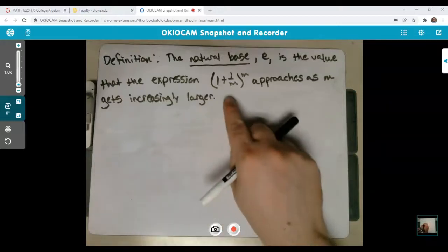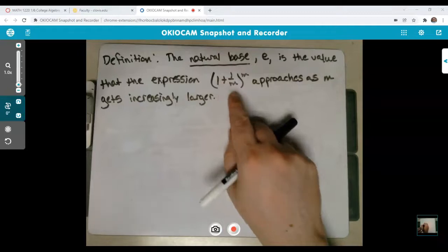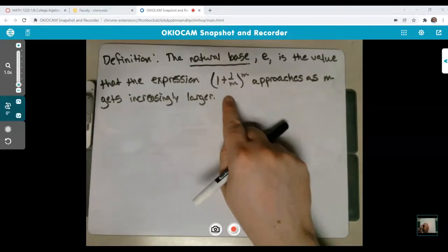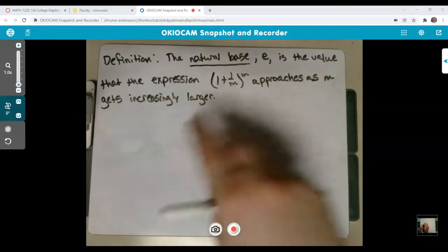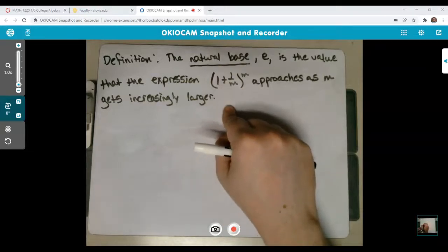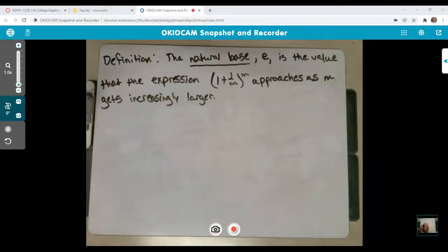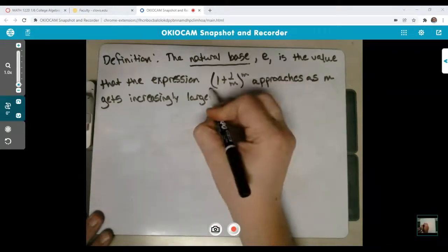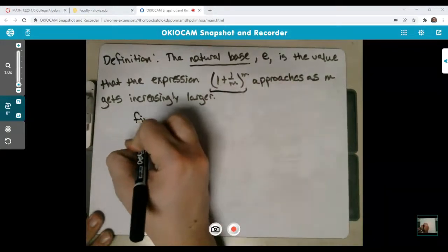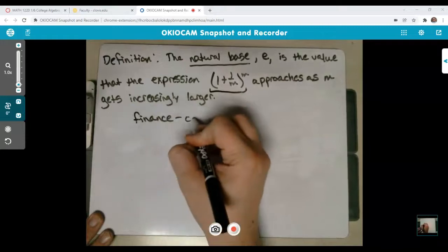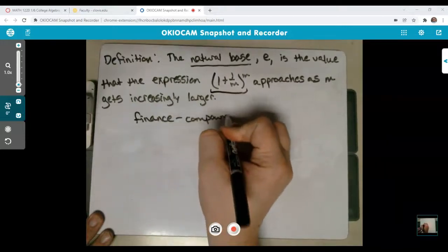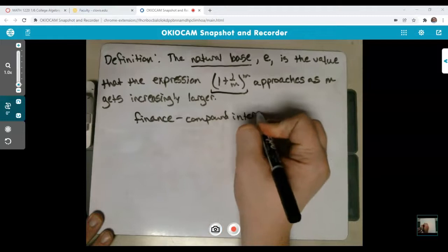So this might seem like a very random thing, right? What the heck is 1 plus 1 over m to the power of m? Well, this is actually something that pops up a lot, okay? We see this term in finance when we do compound interest.